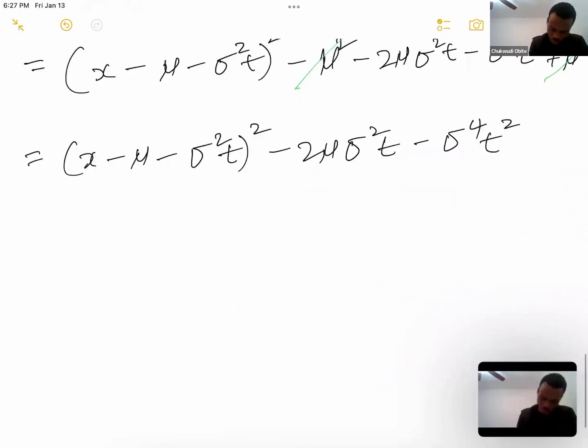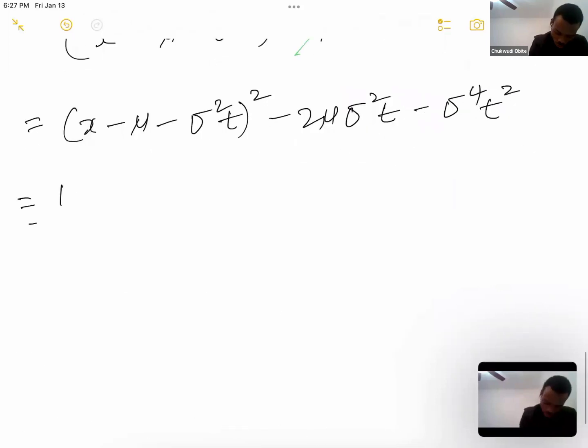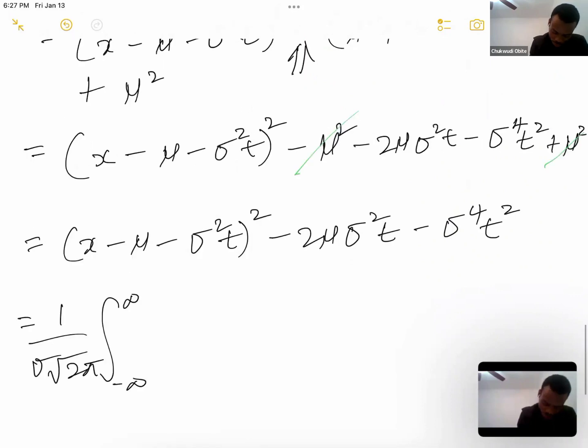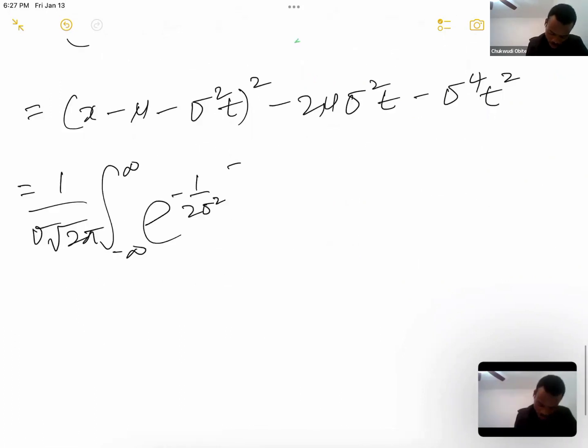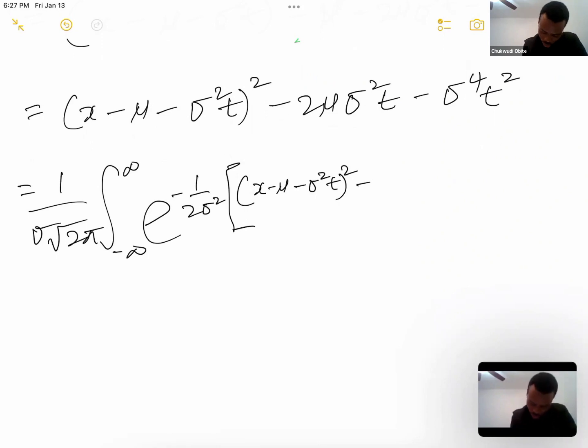I have 1 all over sigma square root of 2 pi, integral minus infinity to infinity, then we have e raised to power minus half sigma square. Then all we have in the bracket is now x minus mu minus sigma squared t all square minus 2 mu sigma squared t minus sigma 4 t square.